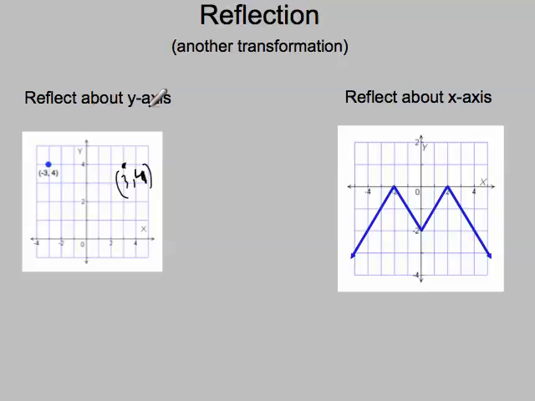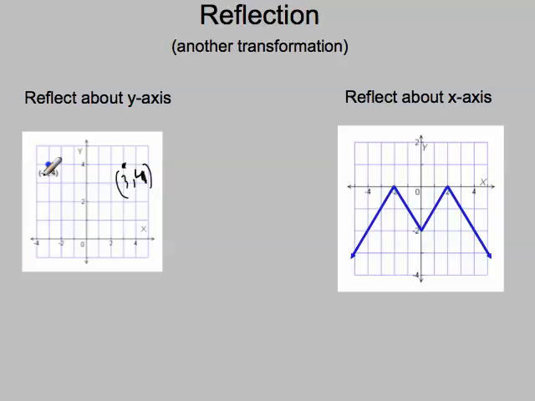Now let's look and make sure we understand. When I reflect about the y-axis, which value changed? Well, the y value is going to stay the same, because as I swing around to the other side, I'm not going up or down. I'm moving left or right. And remember, a left or right move has to do with the x value. And when I reflect about an axis, I just take the opposite value of the number that I'm reflecting.